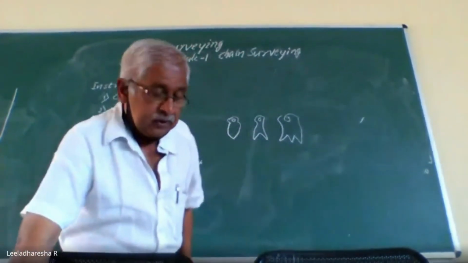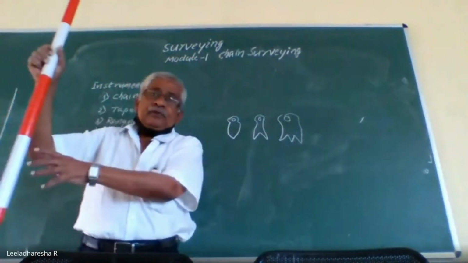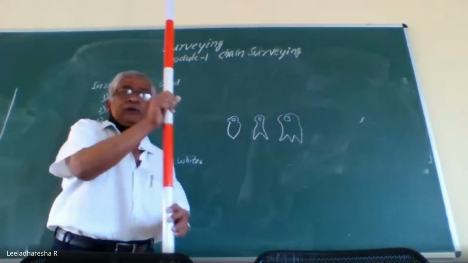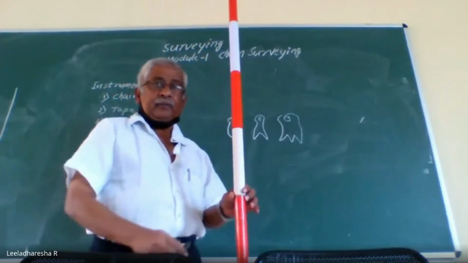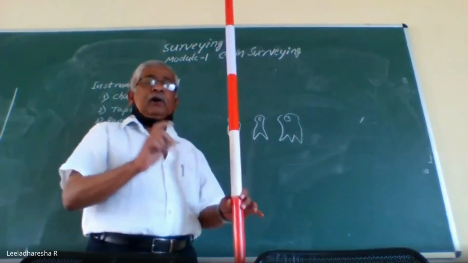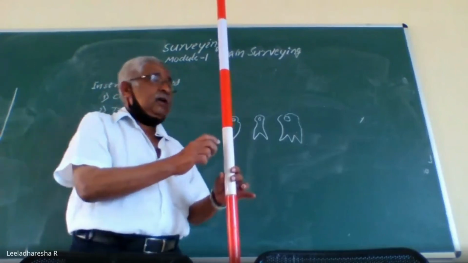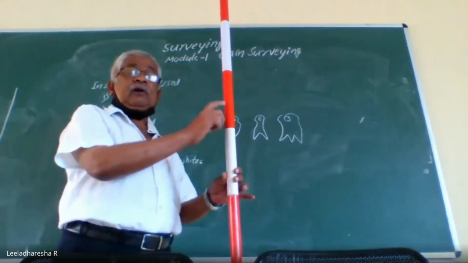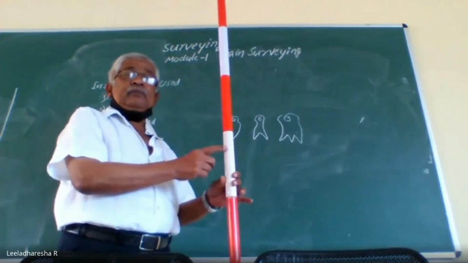Next one is called a ranging rod. All of you can observe this particular instrument, which is called a ranging rod. Generally, it is made up of either wood or a steel tube. It is painted with alternate colors, red and white.